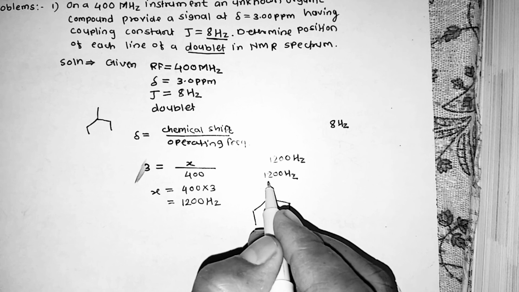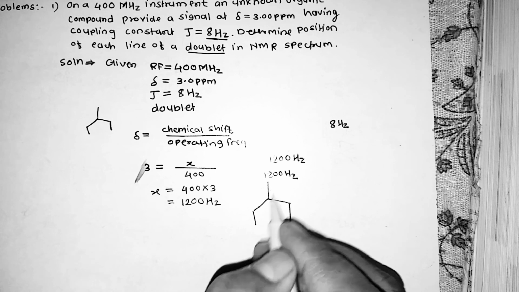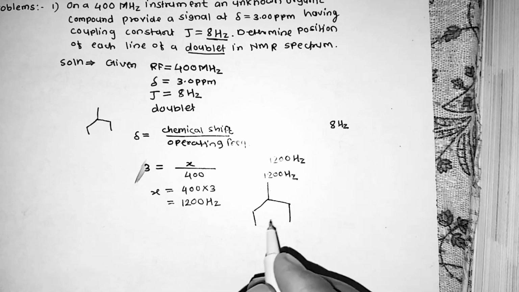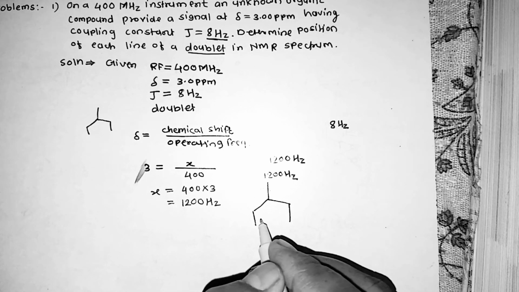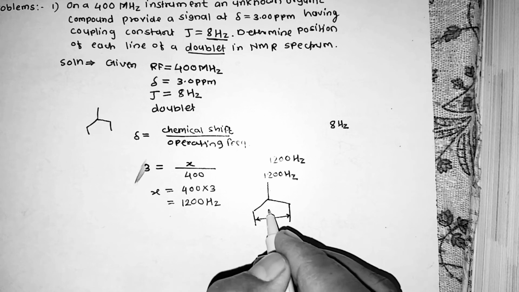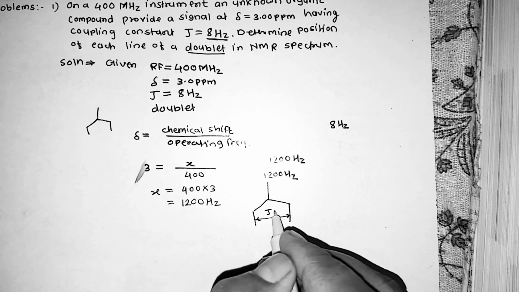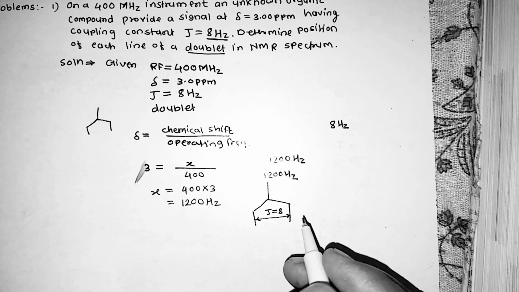So the central line at 1200 Hz is separated by 8 Hz. We know that the separation between the two lines is known as coupling constant, that is J. It means that this distance is nothing but 8 Hz.